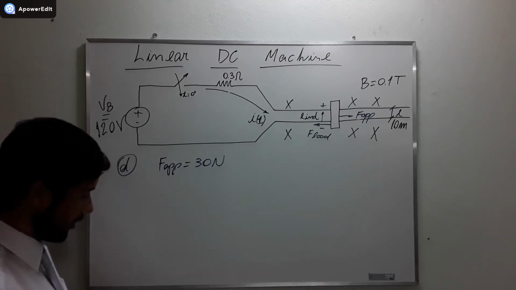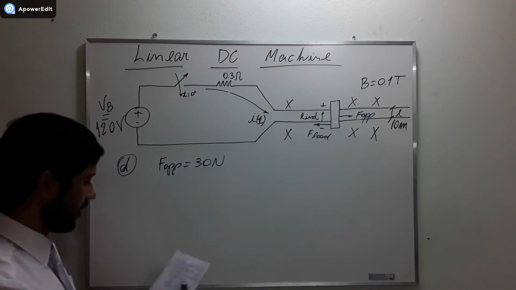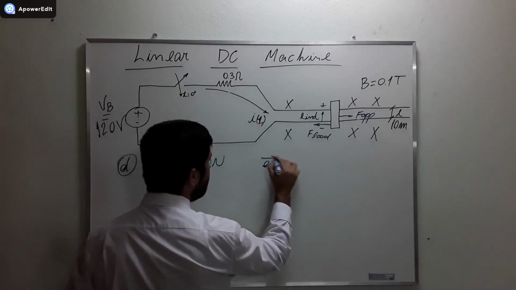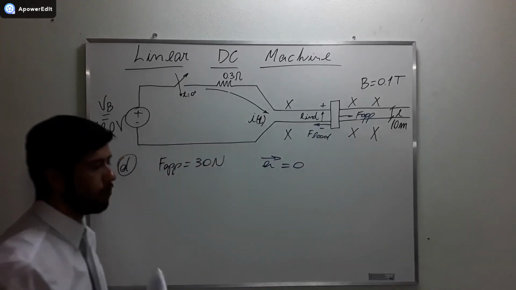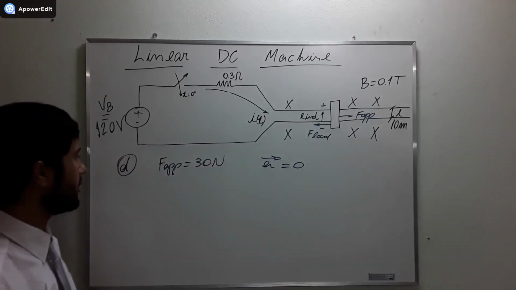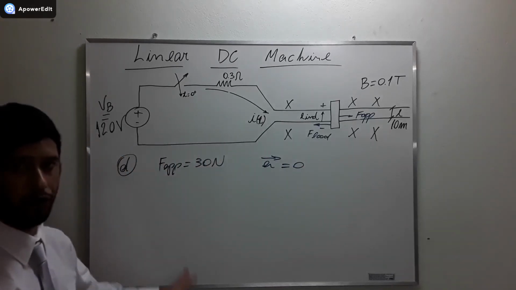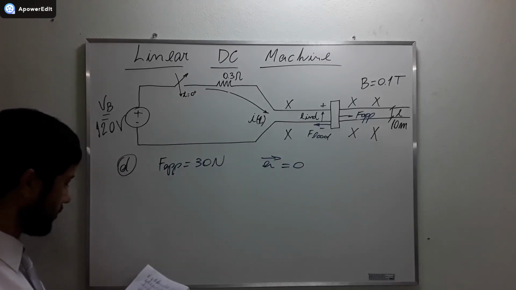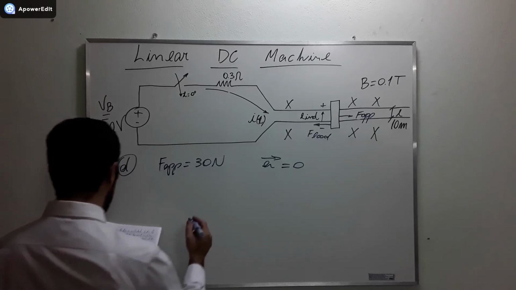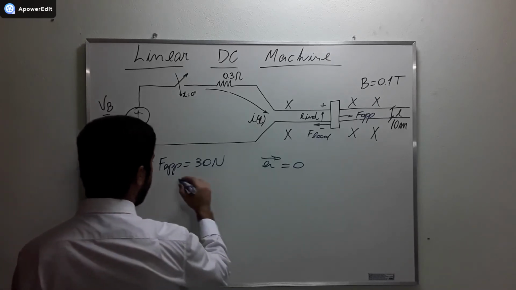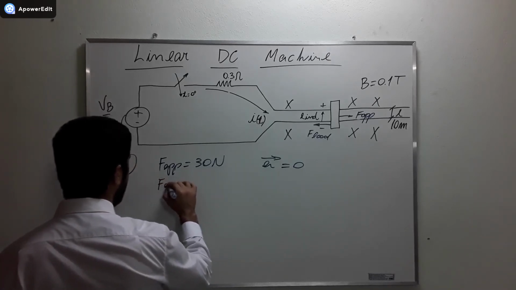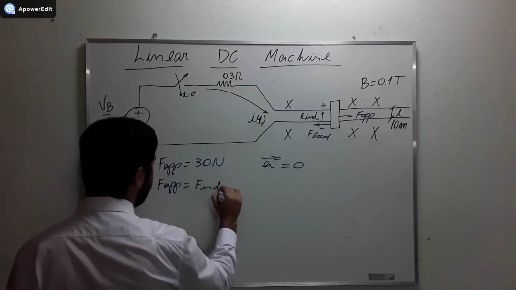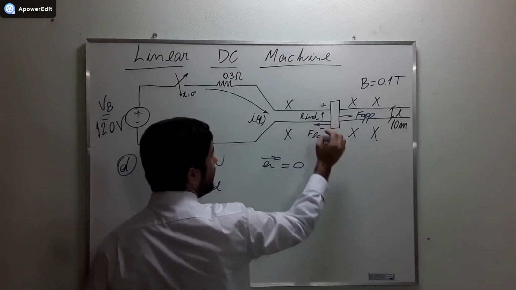Okay, let's solve this. The steady state velocity is going to be reached when the machine is not accelerating anymore. Okay? So the applied force is going to be equal to the induced force, because the machine is going to resist.